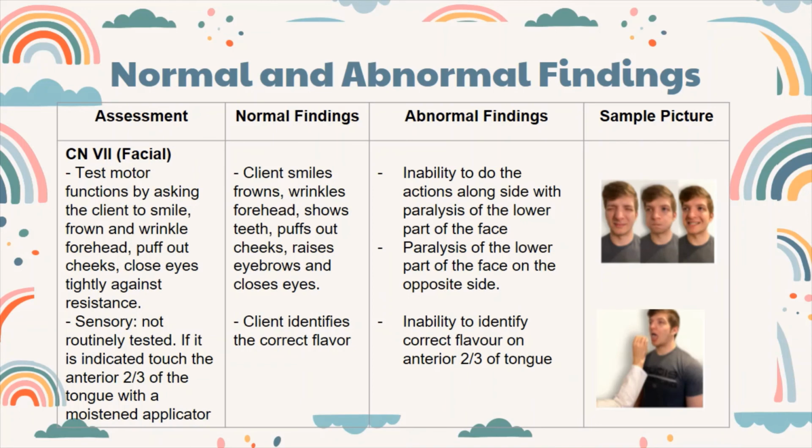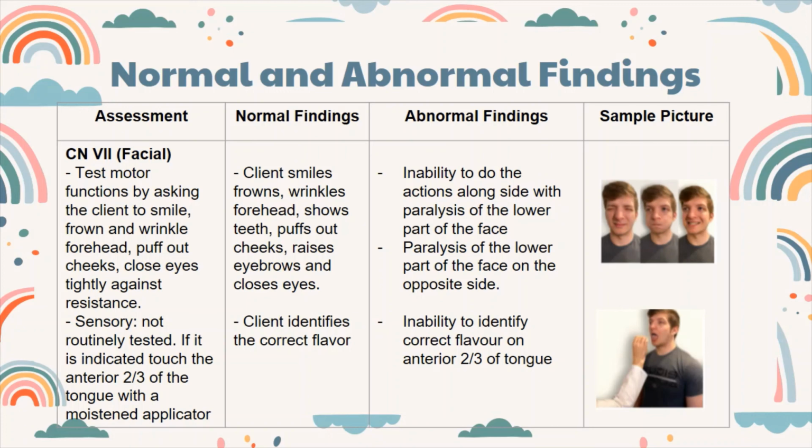Next is assessment of cranial nerve number 7, the facial. Test motor function. Ask the client to smile, frown, wrinkle the forehead, show teeth, pop out cheeks, purse lips, raise eyebrows, and close the eyes tightly against resistance.